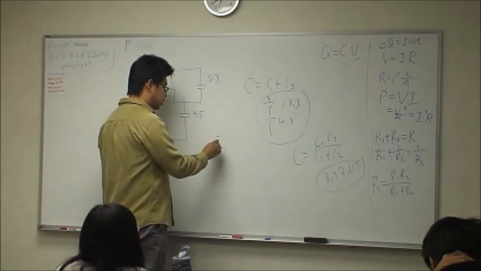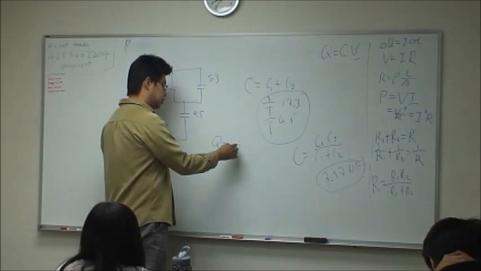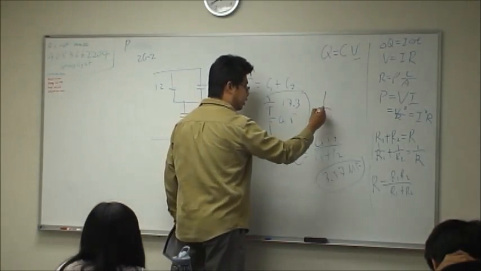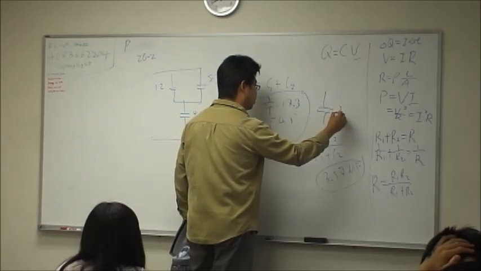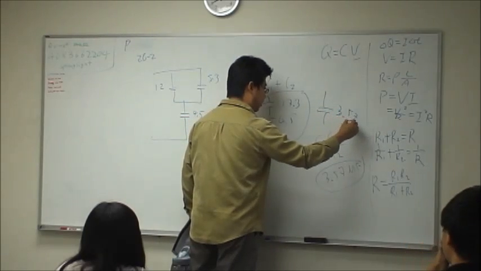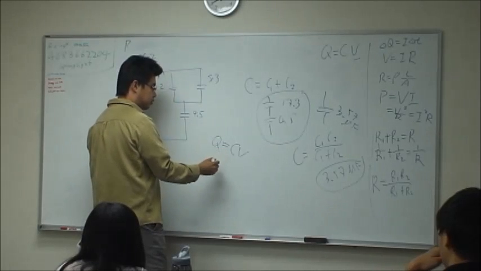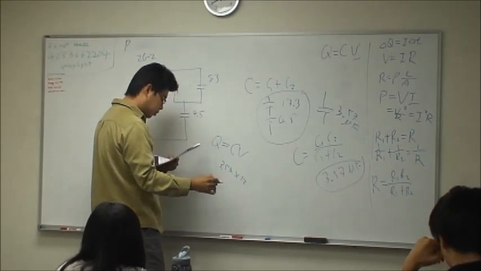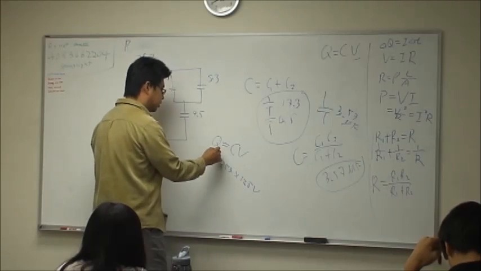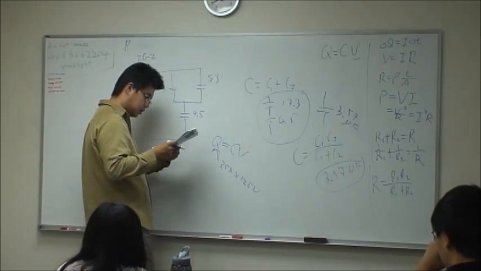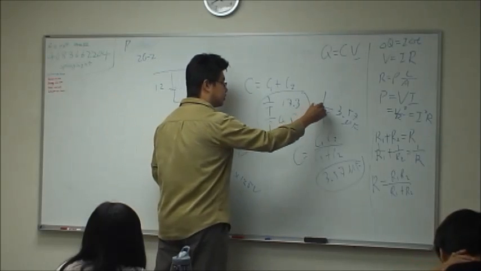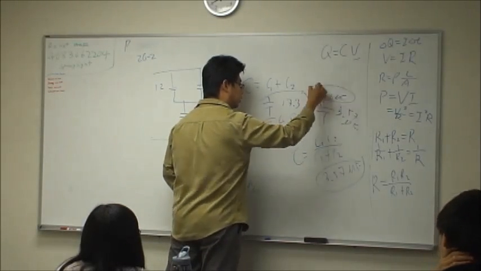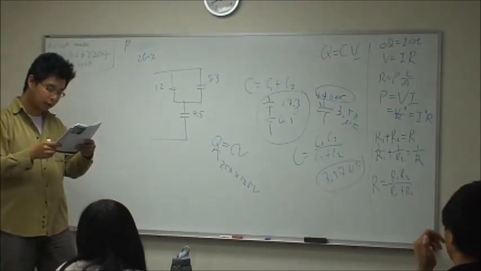How much charge? Q is equal to what? C times V, right? This one is equal to something like 3.57 microfarad. So by multiplying 3.57 with the 12.5 volts, you can get the charge. So that's a charge of 44.6 microcoulomb on this plate. Okay?